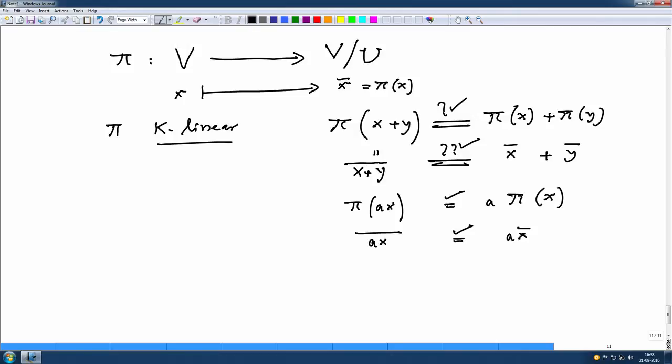Now, we will start comparing what happens to their dimension, what happens to their basis and so on. That is what we do. Okay.